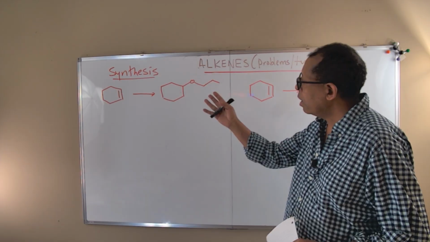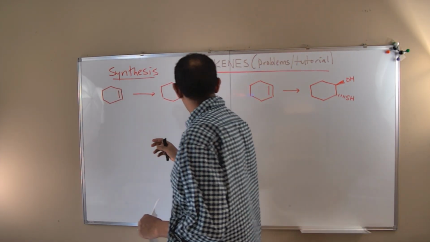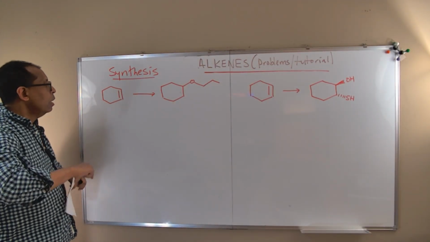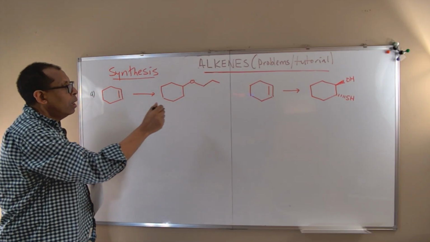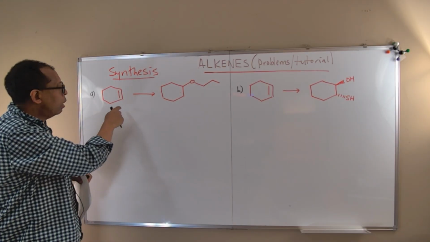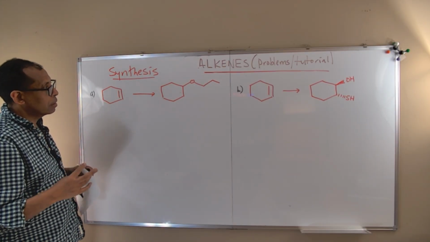Continuing here in these problems, there are two problems here, starting from cyclohexene, which is an alkene, and here we are forming an ether. So we are asked to propose how you end up with this using multi-step synthesis.